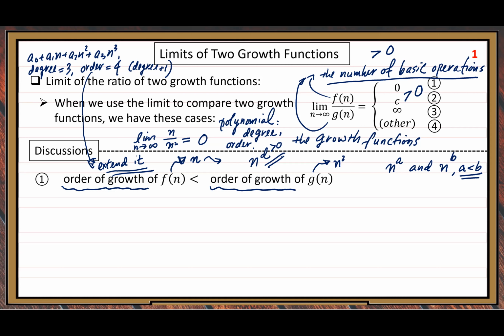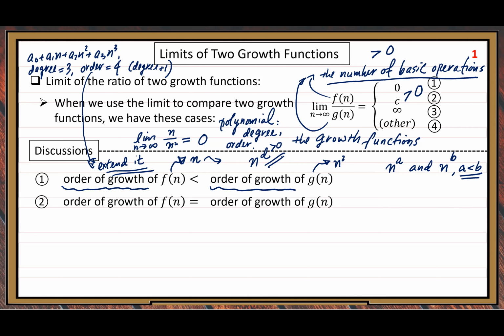After you understand case number 1, the remaining cases we can understand just by analogy. For case number 2, the limit is a constant c, a positive number. So we can say both functions have the same order of growth.